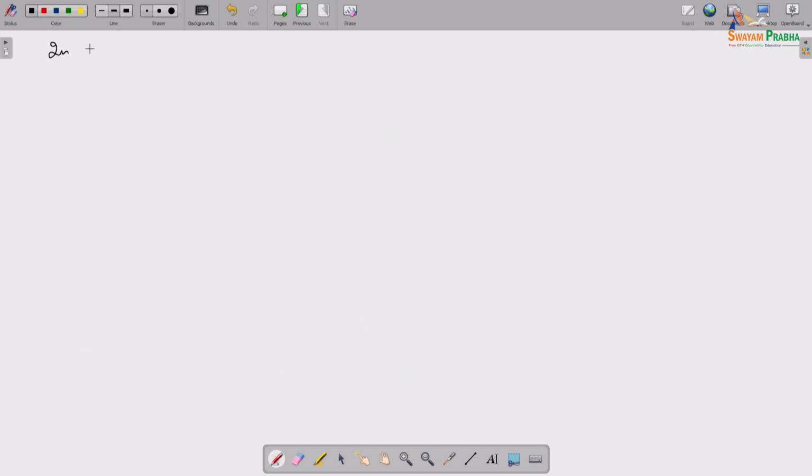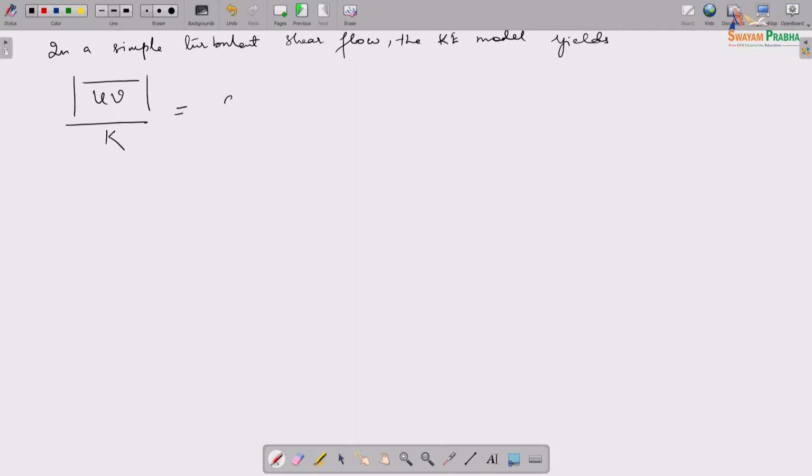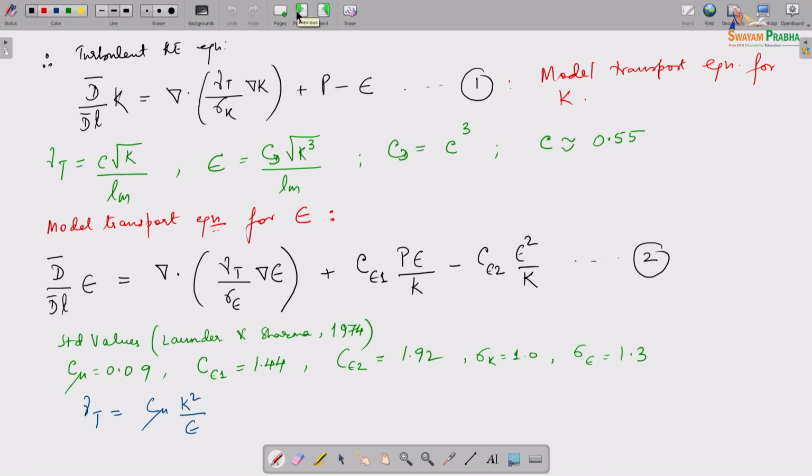shear flow, the K model yields, okay. So, essentially, so we are basically saying we have these two equations, right.